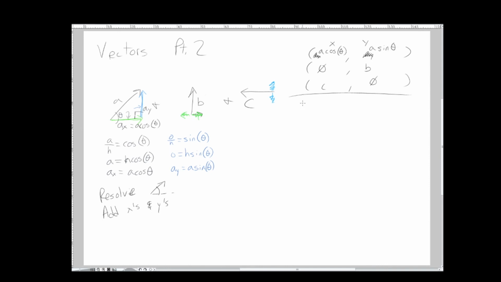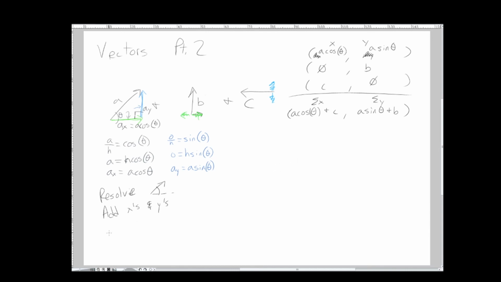So the sum of all the x's is going to be A cosine theta plus c, and the sum of all the y's will be A sine theta plus b. Keep in mind c goes against A, so we're actually adding a negative.